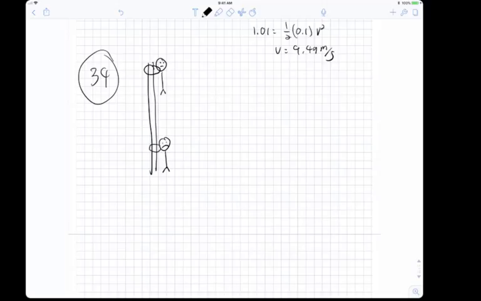So his initial height here is 4.2 meters, and his initial speed, so at the bottom here his speed is 2.2 meters per second, and his speed up here is 0.